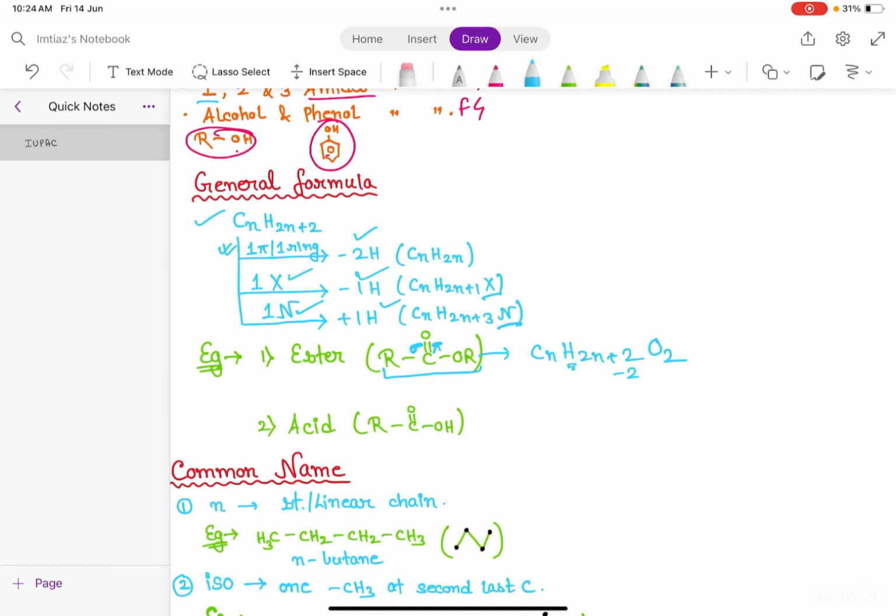So the answer will be CnH2nO2. Again for acid, CnH2n+2 and 2 oxygen are there, O2, and again 1 pi bond, so minus 2. So CnH2nO2. Now can you see that these two are the same? Absolutely.